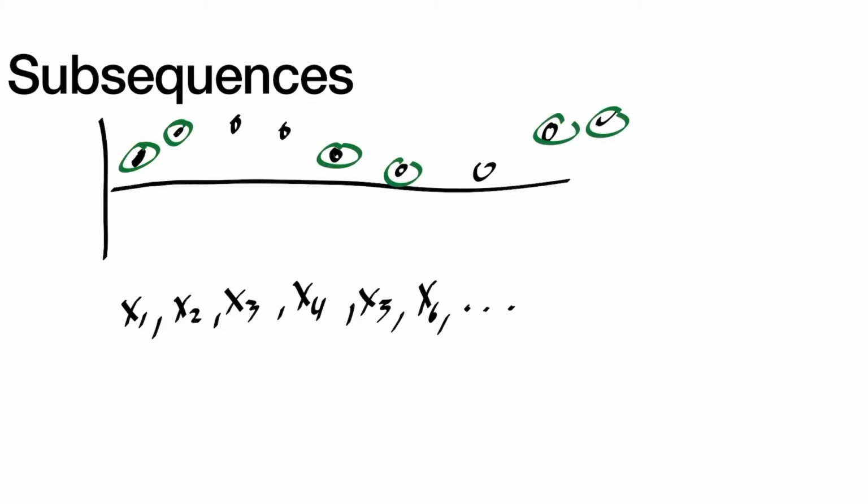And so maybe our subsequence looks something like this: x1, x2, and then the next one would be x5, x6, x8, x9. So what you see is that we have some collection. Our subsequence is the same sequence values moving in the same sequence order. It's just we might skip some. So we've taken some subsequence of the sequence that we have.